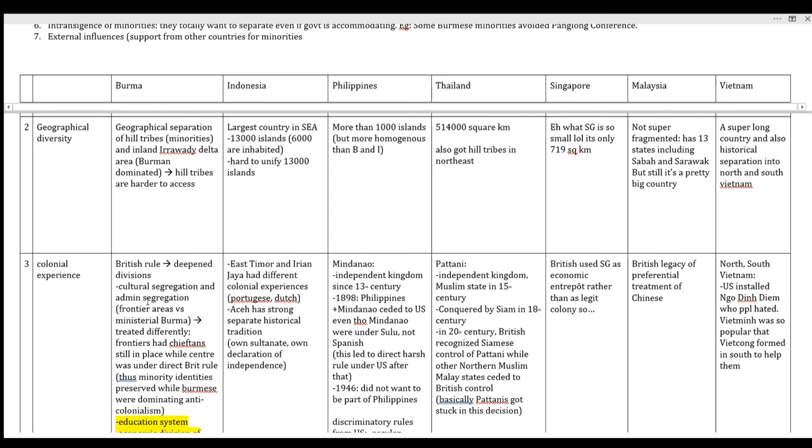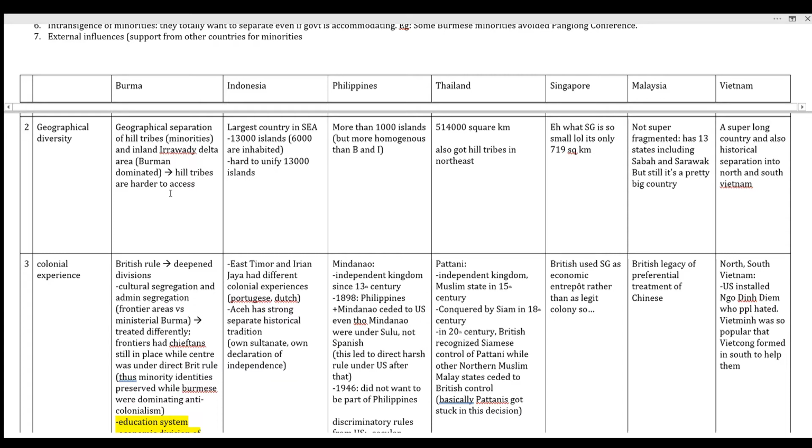As you can see, the main problem in Burma is that there are a lot of hilly regions, and the hill tribes are generally separated from the mainland Burma. Therefore, if they have any policies, you're less likely to think about the hill tribes because they're just sort of separated from everyone else.